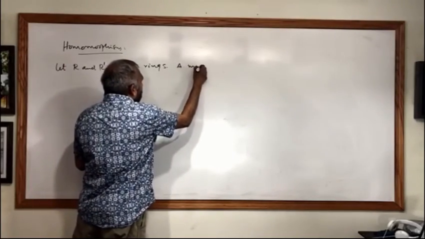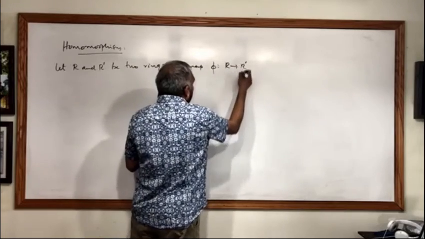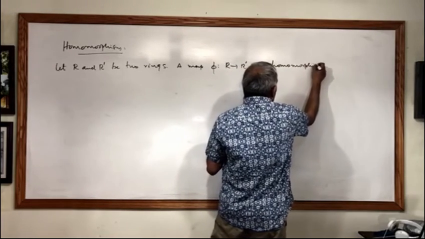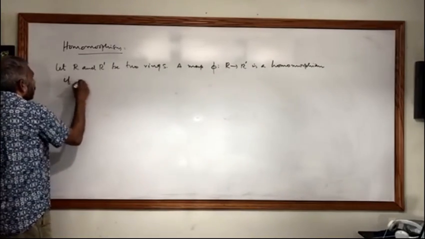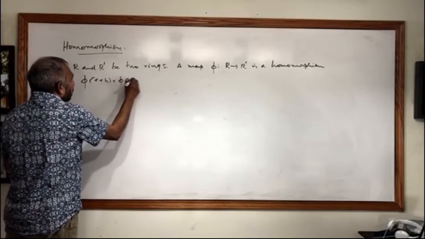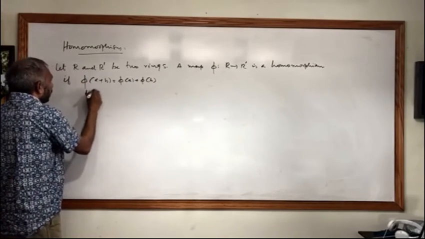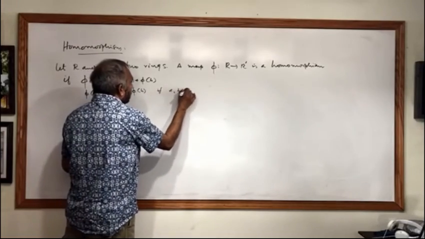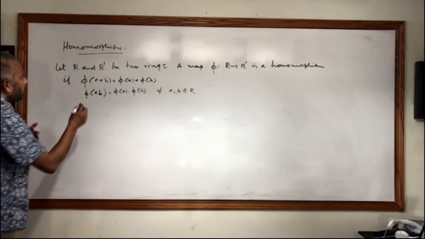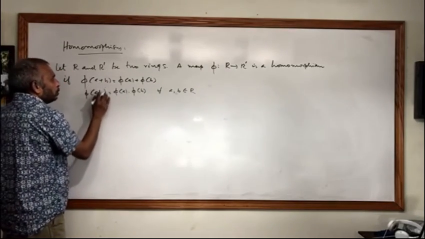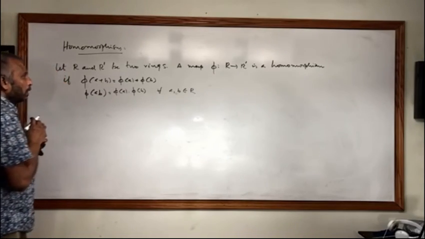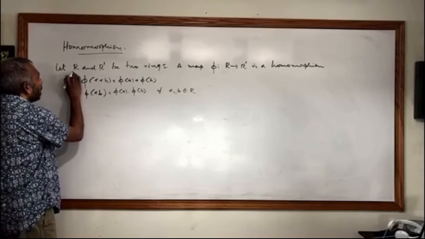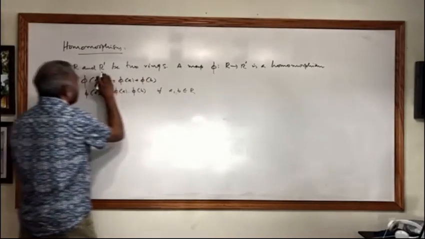A map phi from R to R prime is a homomorphism if phi of A plus B is equal to phi of A plus phi of B, and phi of AB is equal to phi of A times phi of B for all A, B in R. In group homomorphism, we have only one condition. In a ring, we have two binary operations, so we have to have two conditions on homomorphism. It actually ensures that the elements of R and the image of the homomorphism behave exactly similarly.